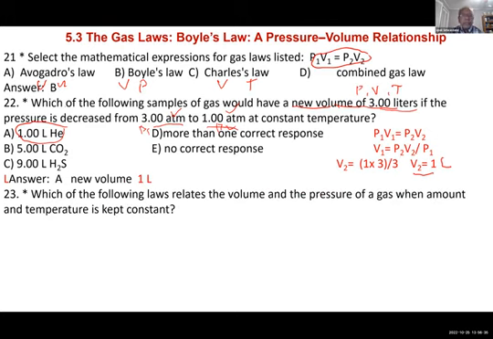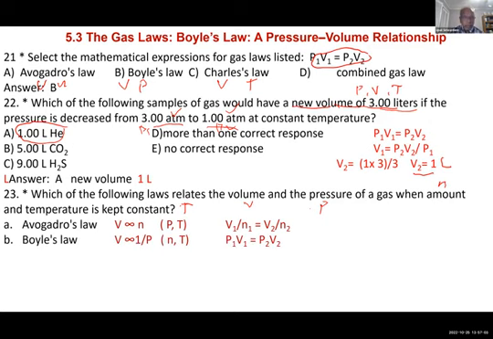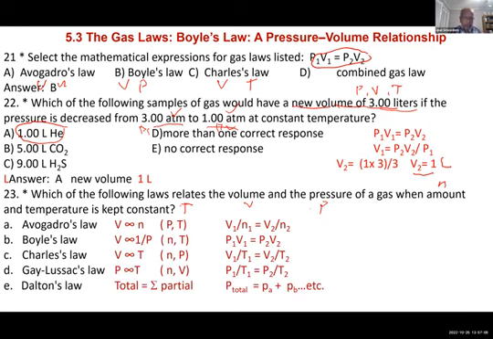Which of the following laws relate to the volume and the pressure of the gas when the amount of gas and temperature are kept constant? Amount is N, number of moles. Temperature is T. This is pressure and volume. This is Boyle's law. So I listed out different laws.